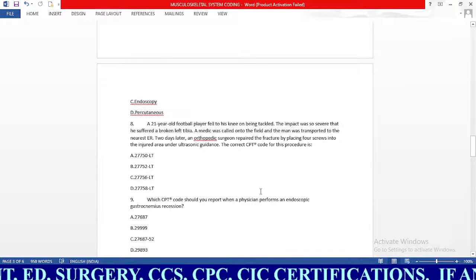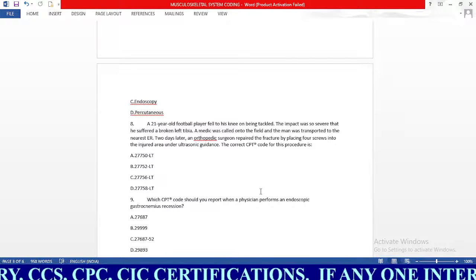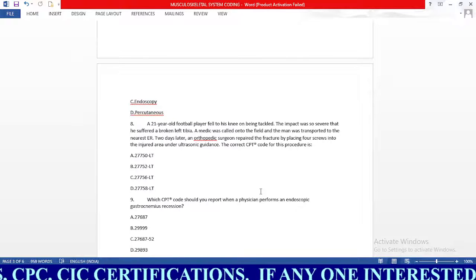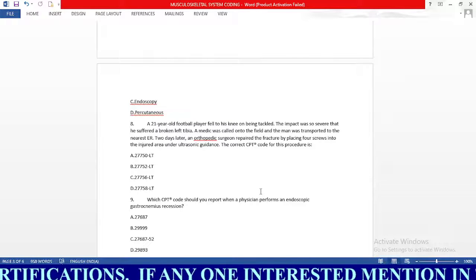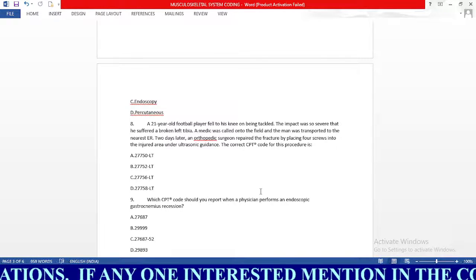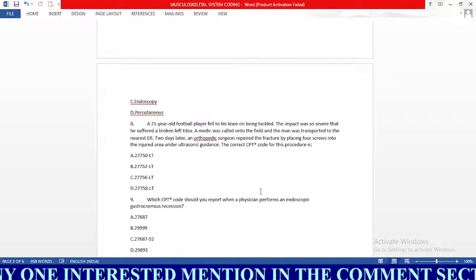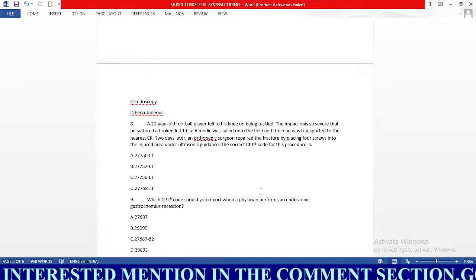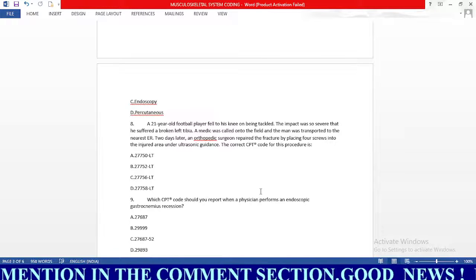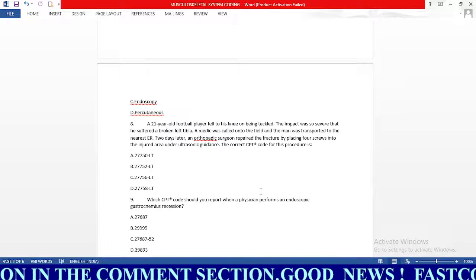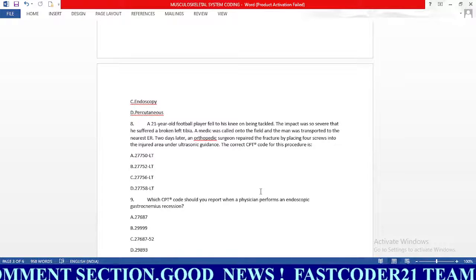You need to remember these basic guidelines, like what is an open fracture, what is a closed fracture, what is percutaneous pinning. These are very important in order to code properly. If you know those differences, now you can code properly. If you don't know, it is very difficult to get the proper code.